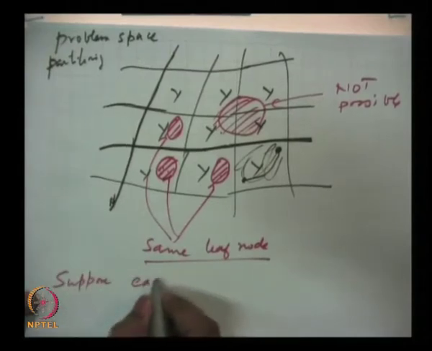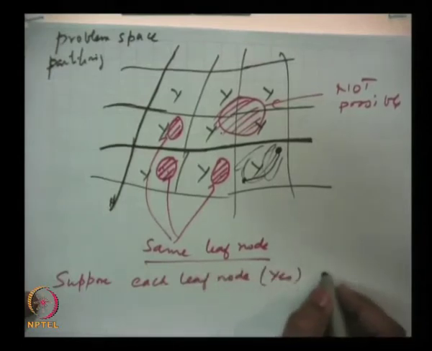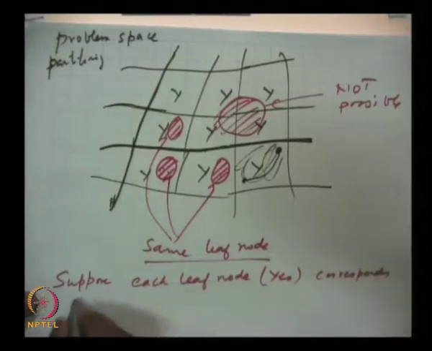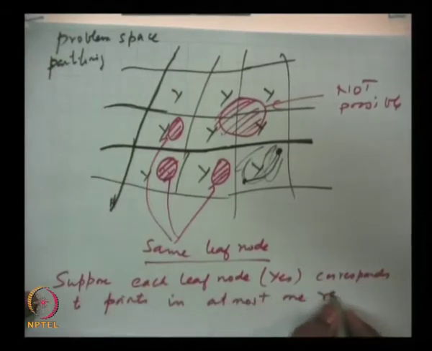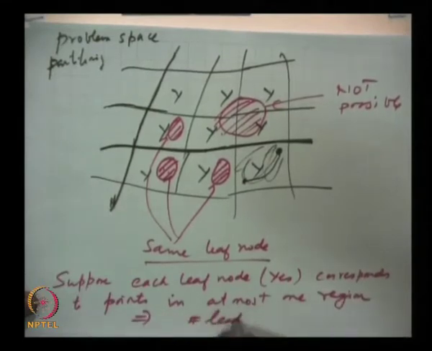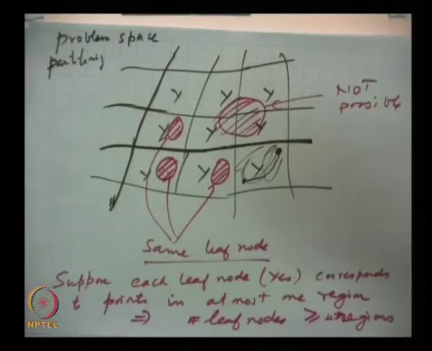Suppose each yes leaf node corresponds to points in at most one region. This implies the number of leaf nodes is greater than or equal to the number of regions, which is equal to n factorial, and then we are done actually.